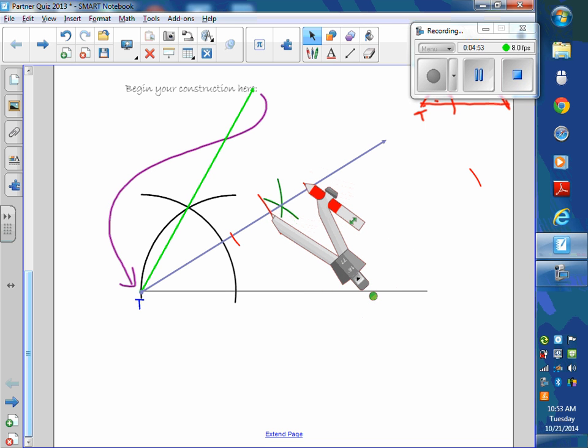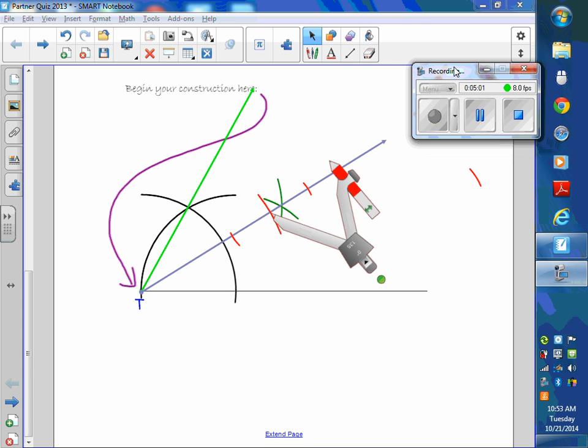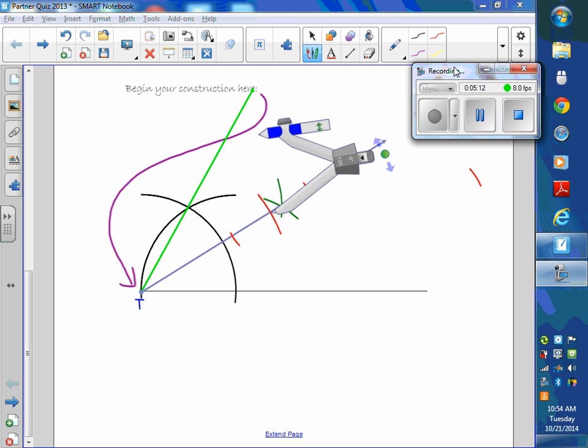To make a perpendicular through a point on a line. Now I'm going to open this up and make a perpendicular that goes through this point where the pin of my compass is by swinging an arc.